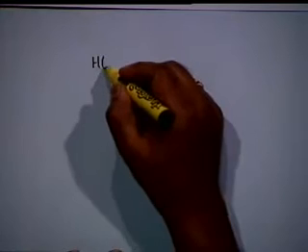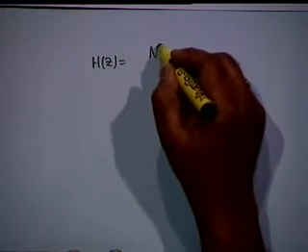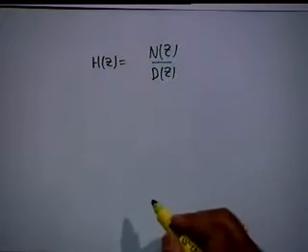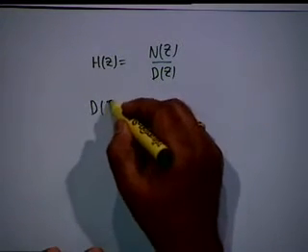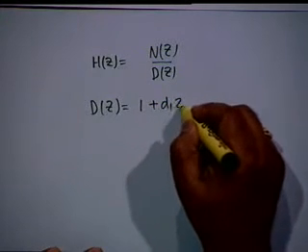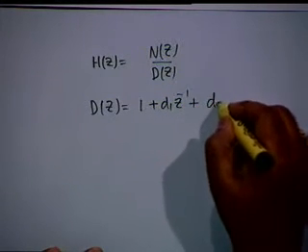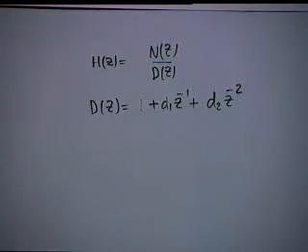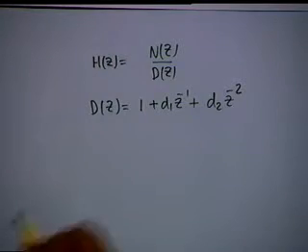transfer function H(z) equal to N(z) by D(z), where D(z) being second order can be written as 1 plus d1 z inverse plus d2 z to the minus 2. We want to test the stability without determining the roots of this function, the denominator, which will become the poles of H(z).